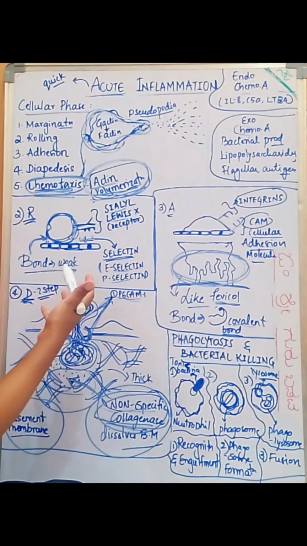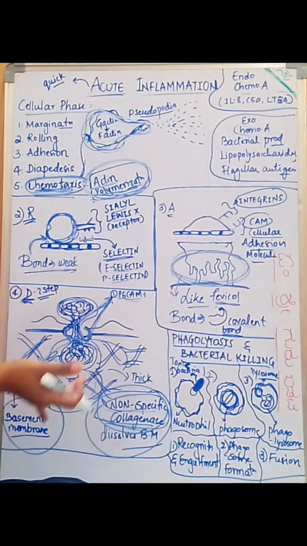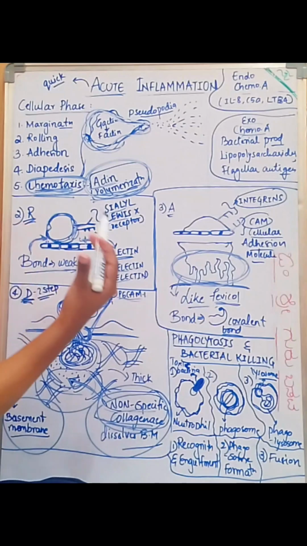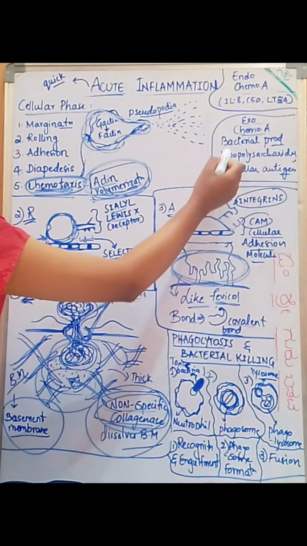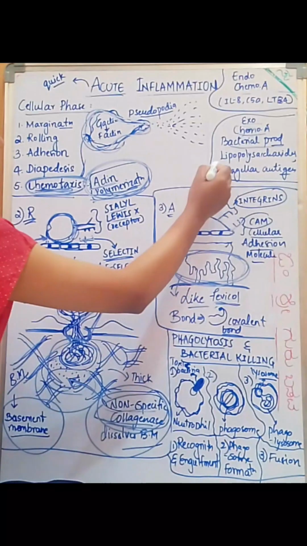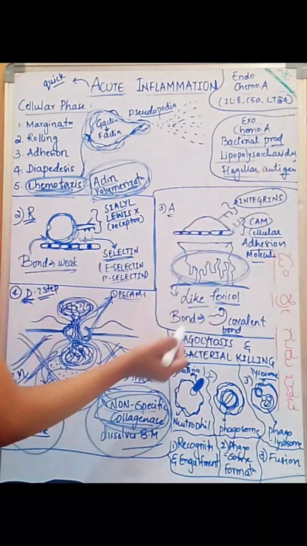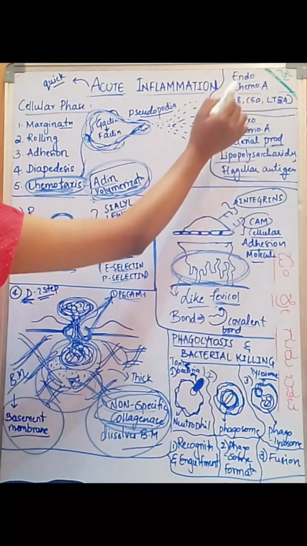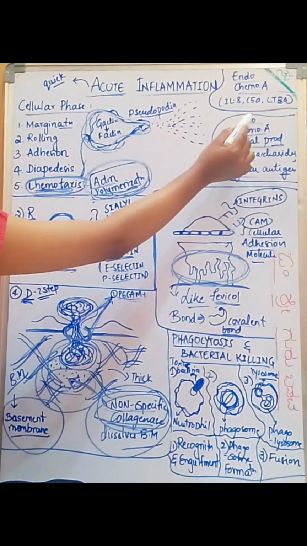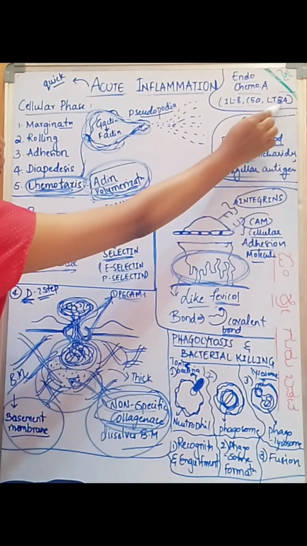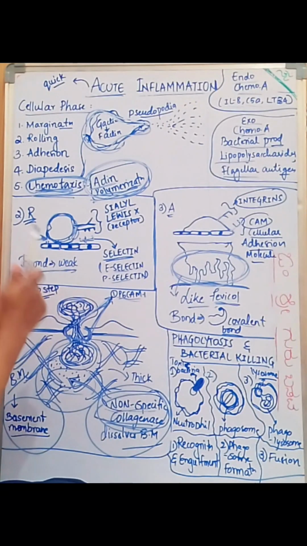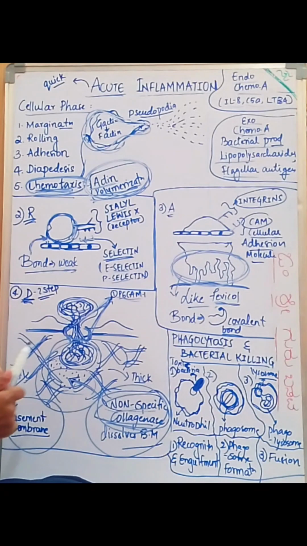The exogenous chemoattractants are the perfumes of the bacteria, such as the bacterial products. It may be lipopolysaccharides, flagellar antigen, or any such thing. The endogenous chemoattractants are the perfumes possessed by the body: interleukin 8, C5a, leukotriene B4.